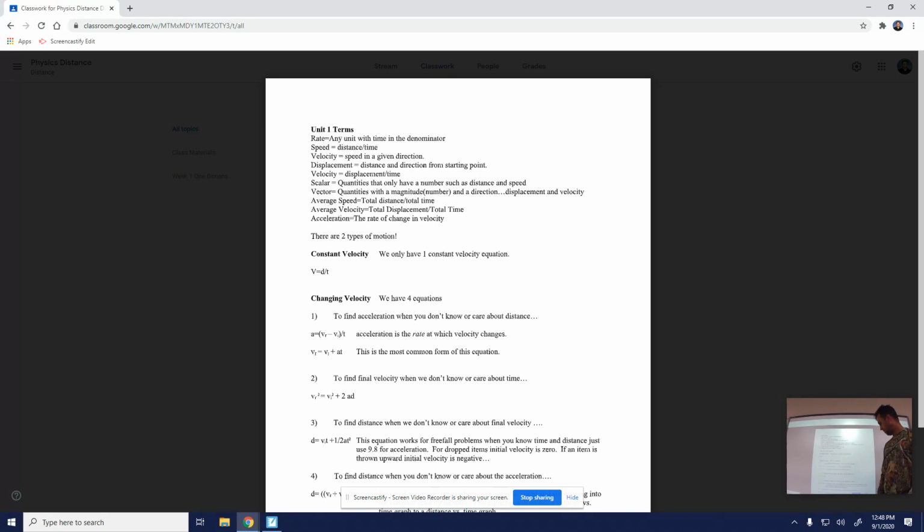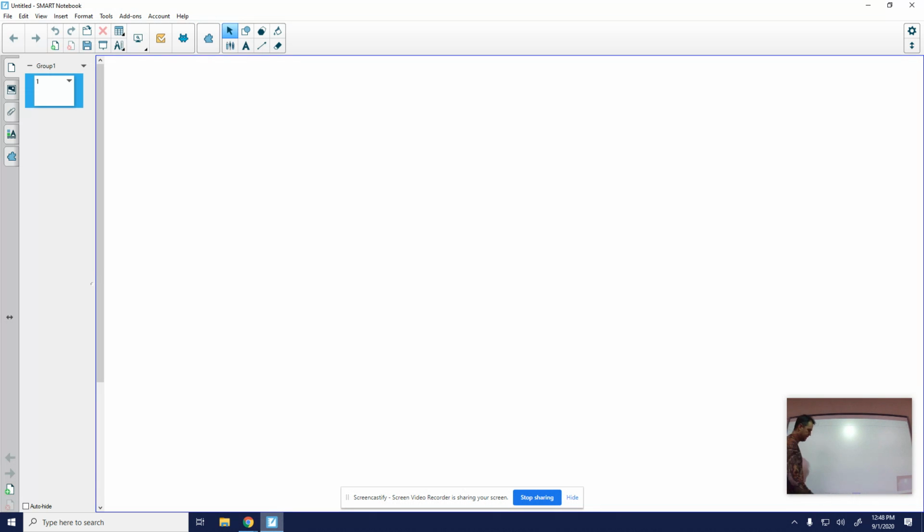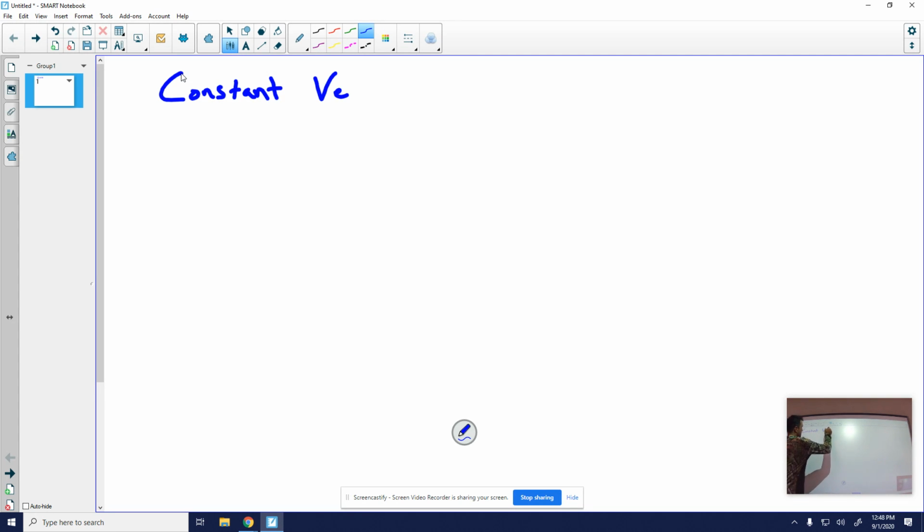So I'm going to switch over to Smart Notebook so that I can do a little writing, and we'll go through these things. So there's 2 types of motion. The first type is constant velocity. And the second type is changing velocity.